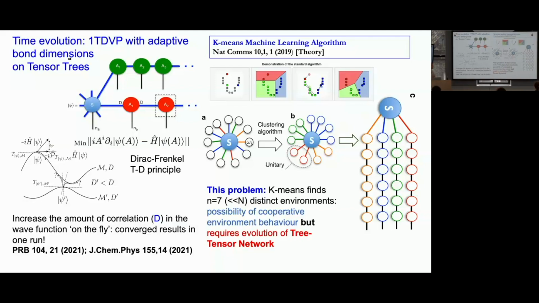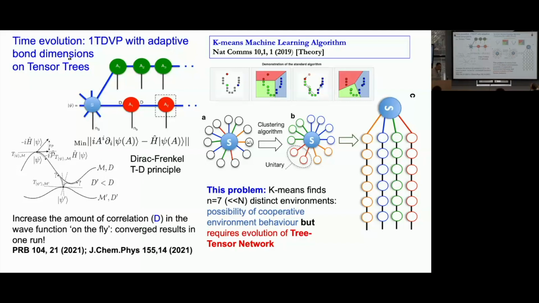To do the actual time evolution, we've always worked a lot with the one-site time-dependent variational principle. We've got an ansatz. We can apply the Dirac-Frenkel time-dependent variational principle to derive equations of motion for the tensors. So, well-known, well-established technique now.